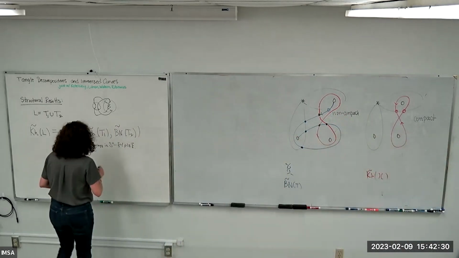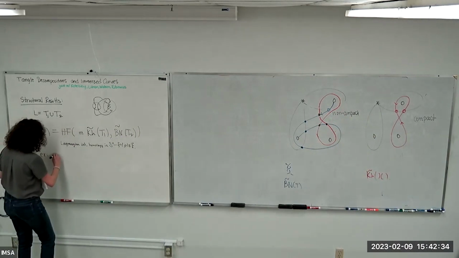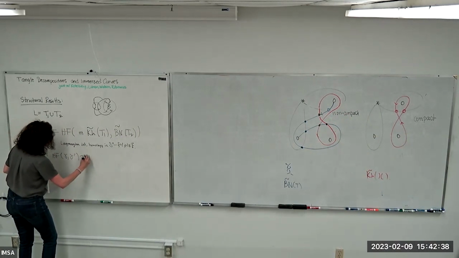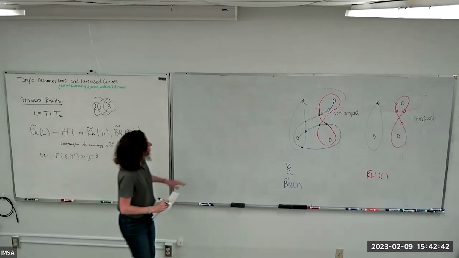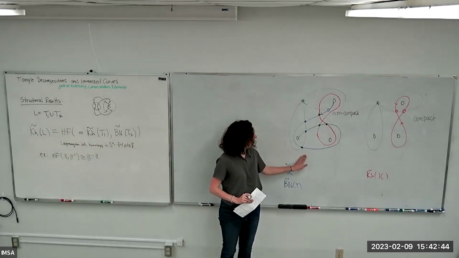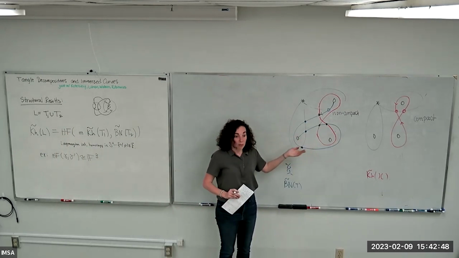Okay. All right. And so we can see, like in the example, that HF of gamma prime is 3. Okay. But there's also a lot of information that's known about the shape of the curves and their combinatorics.